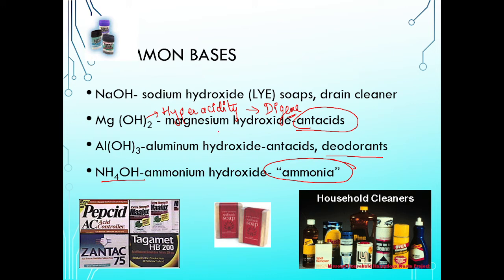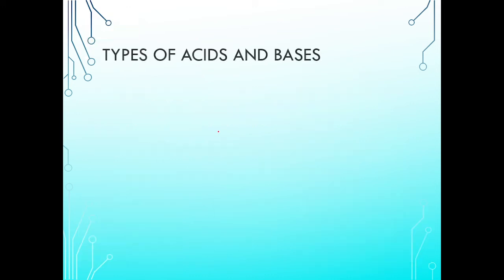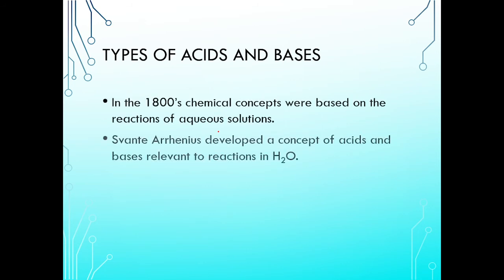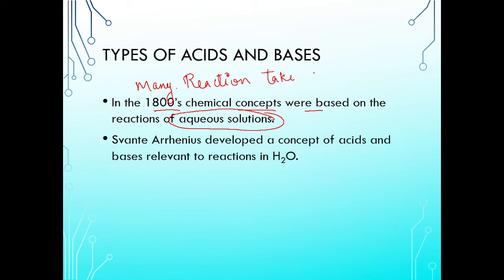Okay? Now, what are the types of acids and bases? Basically we have seen there are aqueous acids, etc. Right? So in the 1800s, chemical concepts were based on the reaction of aqueous solutions, because many reactions take place in aqueous form. I am not telling all, but many reactions take place in aqueous form.